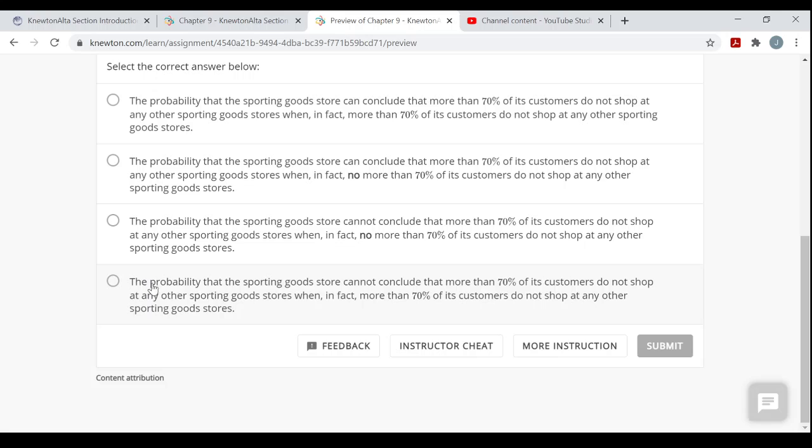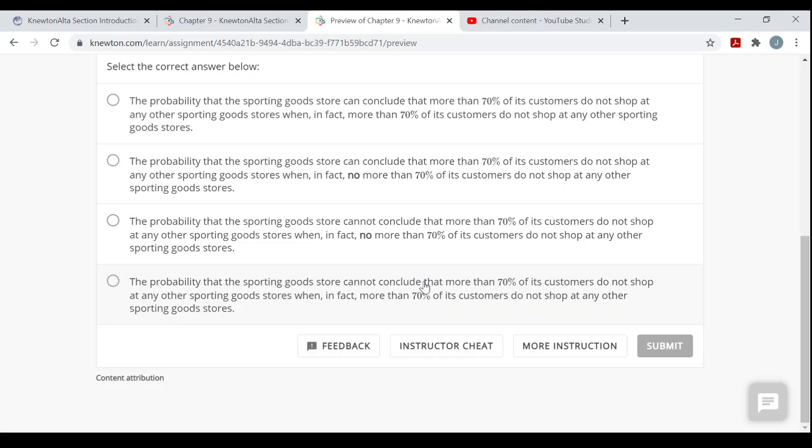And this is the probability that the sporting goods store cannot conclude the alternate, meaning they can. So this is the alternate here, that more than 70% do not shop at any other stores. And if they're saying they cannot conclude the alternate, that means they're concluding the null, right? Because you got to conclude one or the other. They cannot conclude the alternate. They conclude the null, but in fact the alternate was true, the null was false. This is type 2 error.